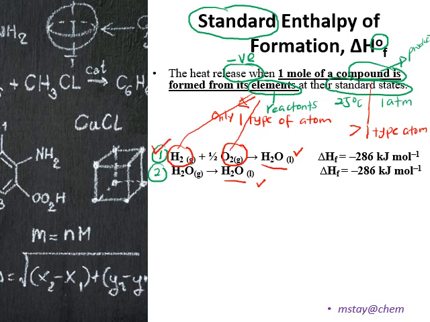In the other equation, equation 2, H2O consists of more than one type of atom, so H2O is the compound. Therefore, the second thermochemical equation does not fulfill the definition of enthalpy of formation.